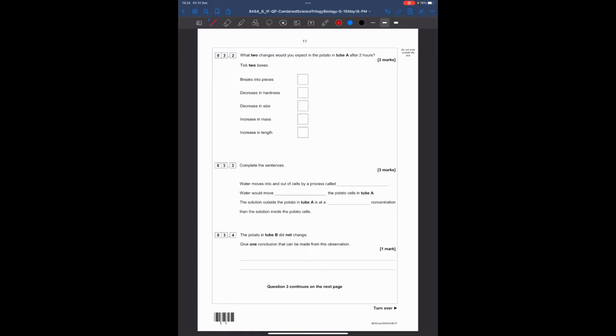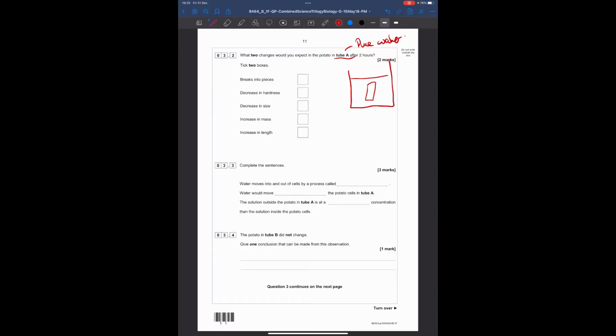Question 3.2, what two changes would you expect to happen in potato tube A after 2 hours? So we know that tube A is our pure water. Okay, so you've got a piece of potato in the cylinder that is surrounded by pure water.